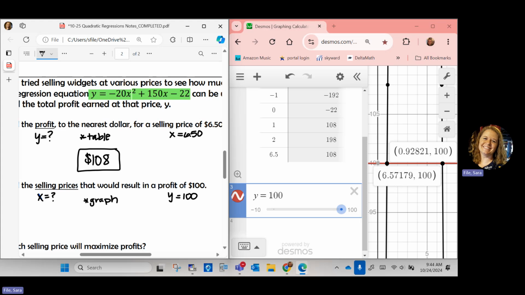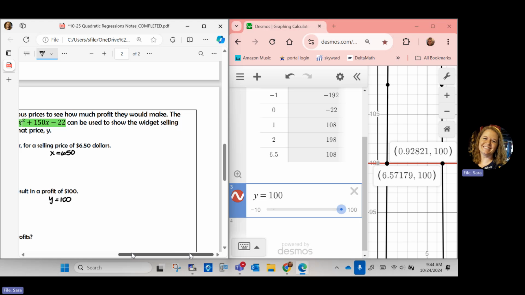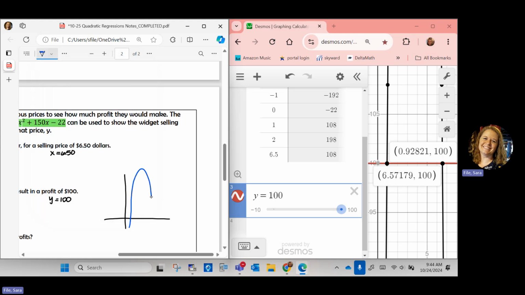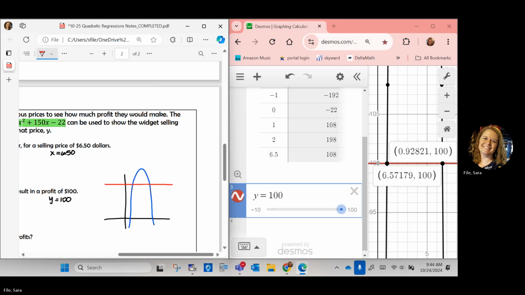I am using the graph to answer this question. If you need to, I'm going to give a little sketch of it over here to the side. We've got this graph of our parabola. We don't need exact numbers, just the general idea. We've got a parabola, and then we have this line at y equals 100. What we are finding are these 2 points.